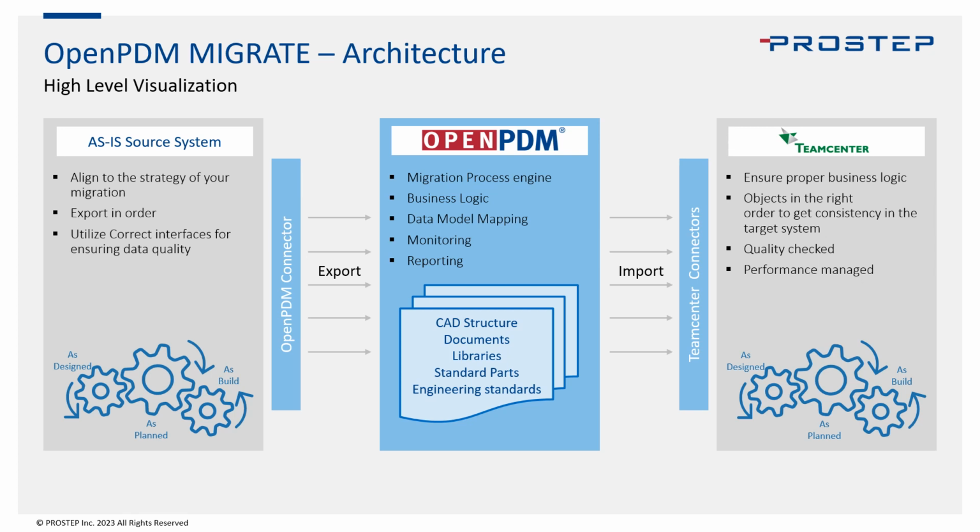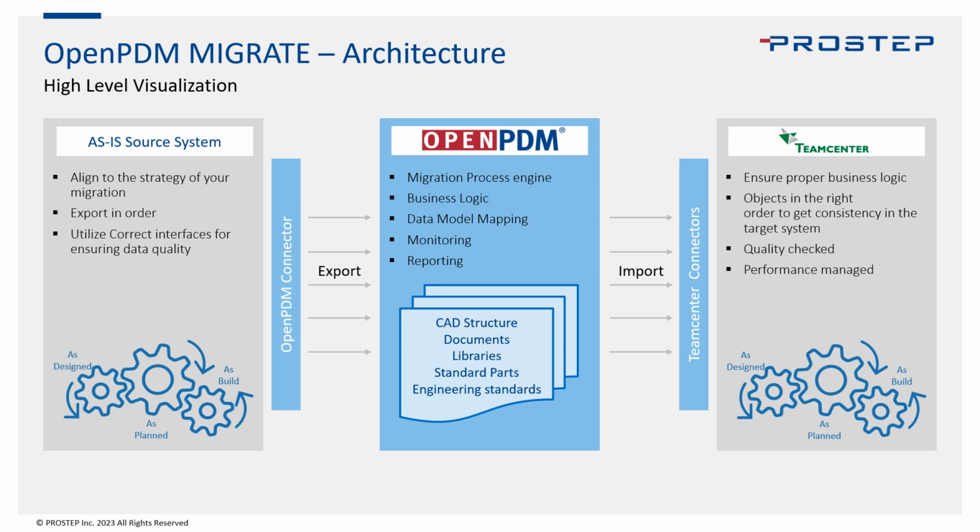That might mean that we utilize one or more than one higher performance connectors on multiple machines to make sure that we're meeting the performance needs of your migration. In the middle, we've got our OpenPDM migration process engine, and this is a combination of the OpenPDM Migrate toolkit and the OpenPDM process server.